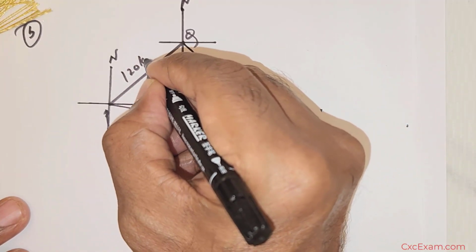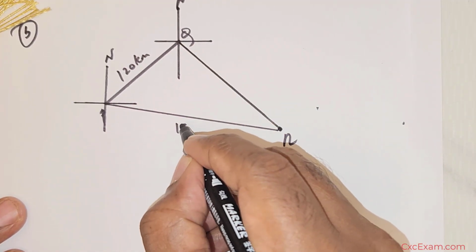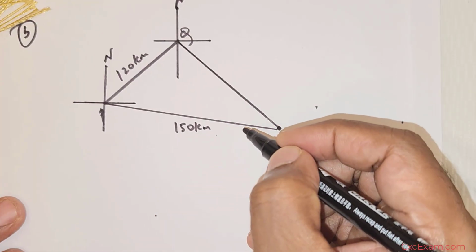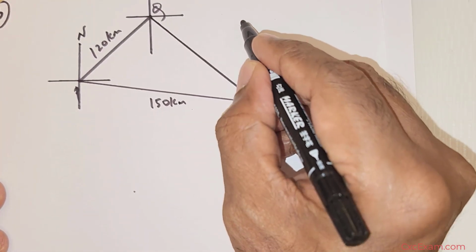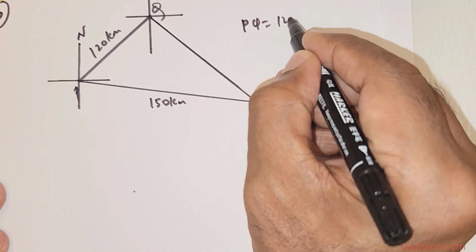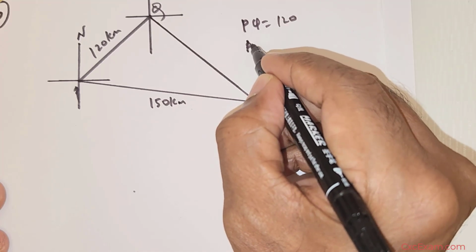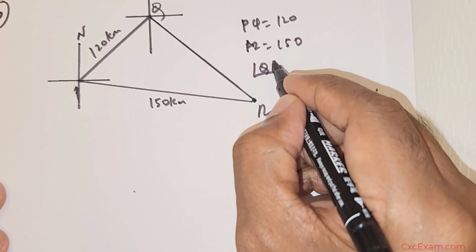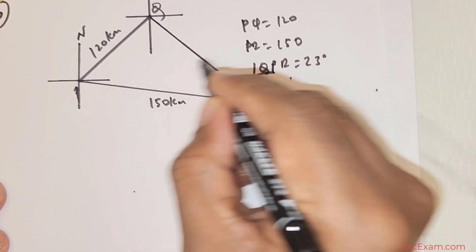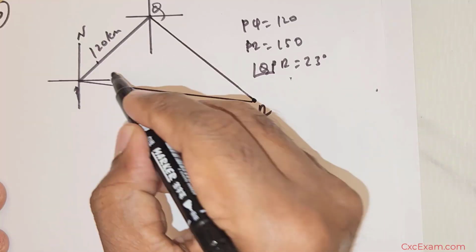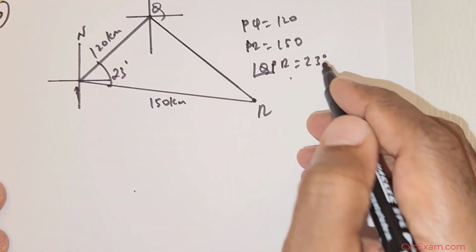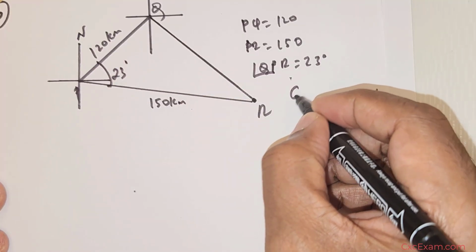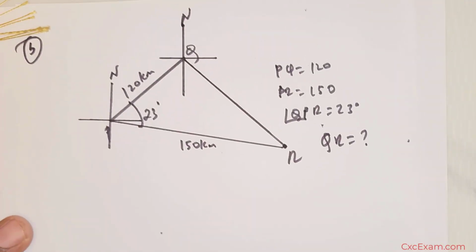This is 120 km, 150 km. So PQ is 120, PR is 150, angle QPR is 23. We have to find QR.